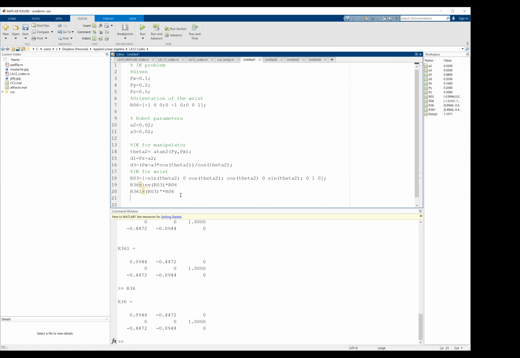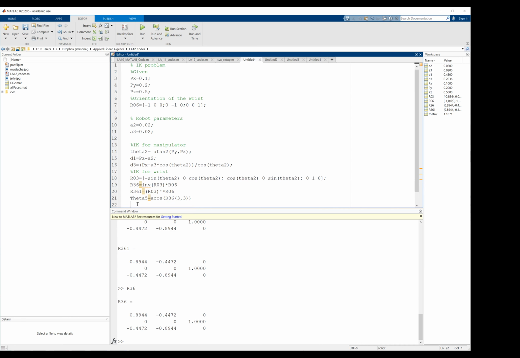Theta 5 is equal to arccosine of R36, third row, third column.